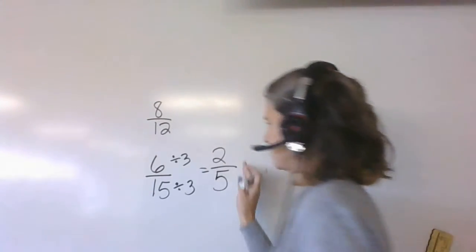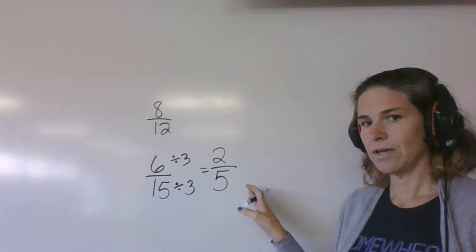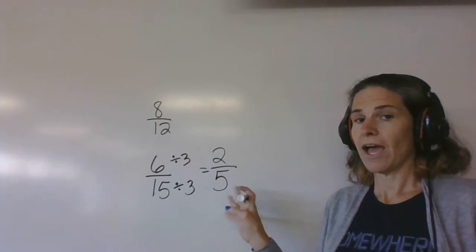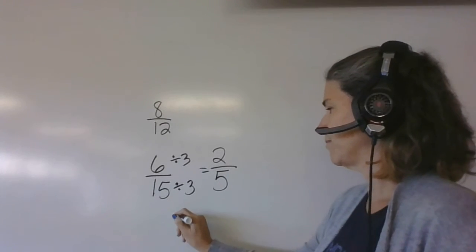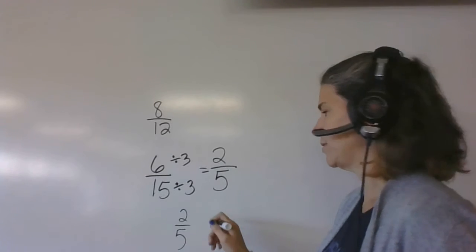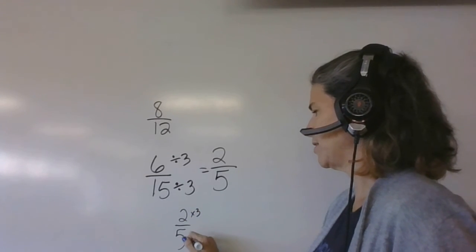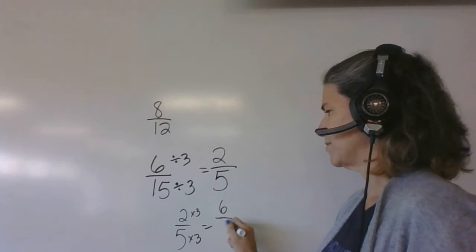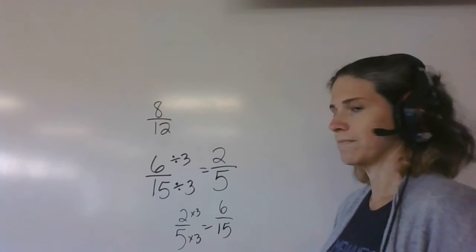Yep. So then I know that my simplified fraction is 2/5. I can always double check it and rewrite it and do 2/5. I'm going to scale it up and multiply my numerator and denominator by the same number. I'm going to equal that same 6/15.